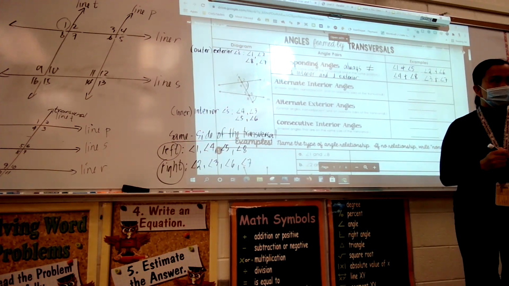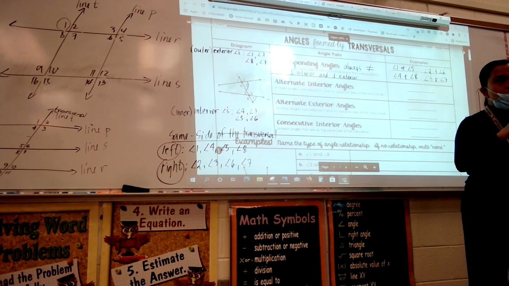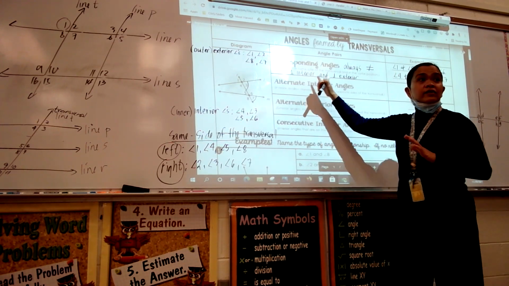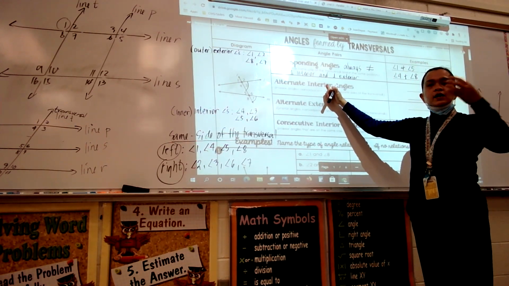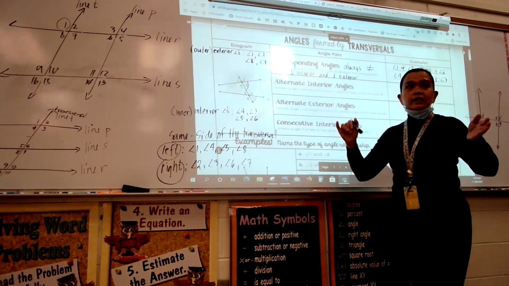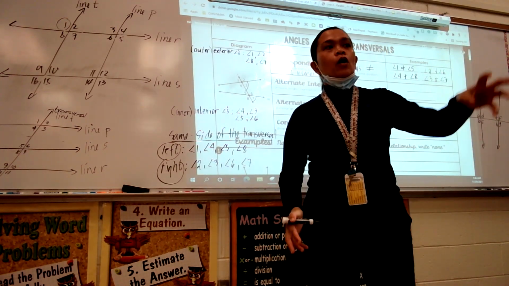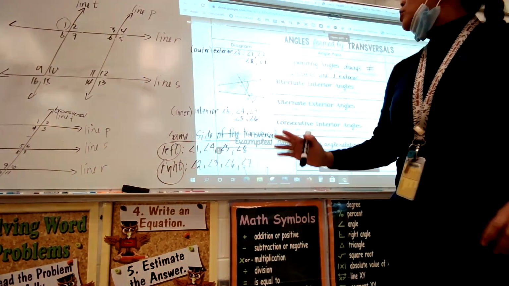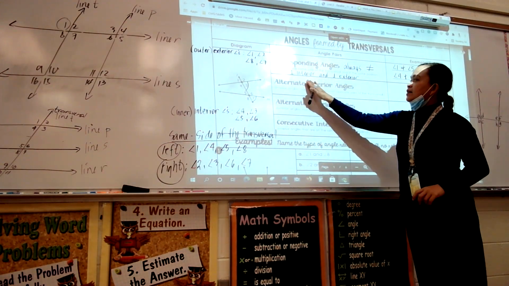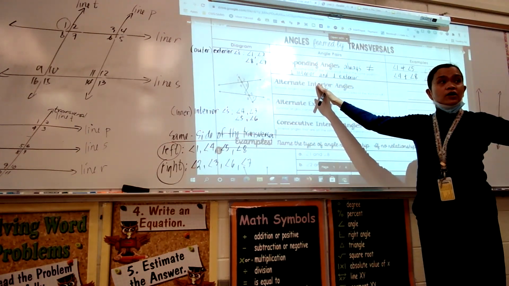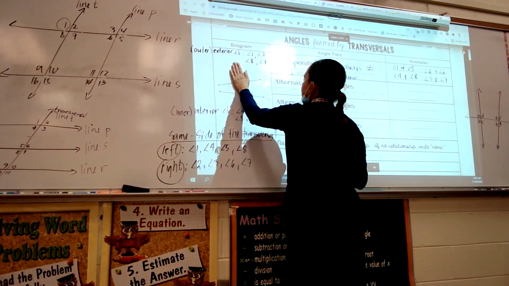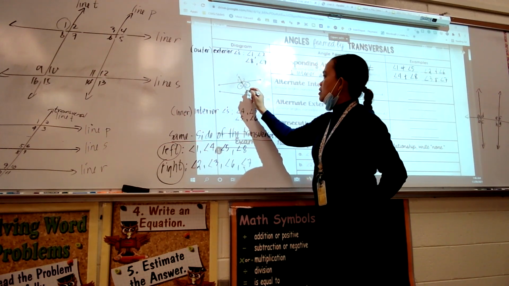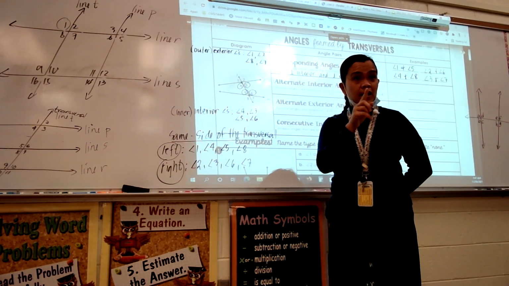Okay, I'll read the descriptions and one at a time we're going to interpret it. Alternate interior. When you hear the word alternate, they don't belong on the same side. One is coming from this side and the other one is coming from that side. So, alternate interior, but they should both be interior. At this point, which ones are interior? 3, 4, 5, and 6, right?